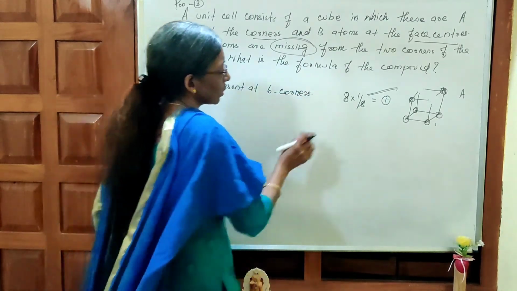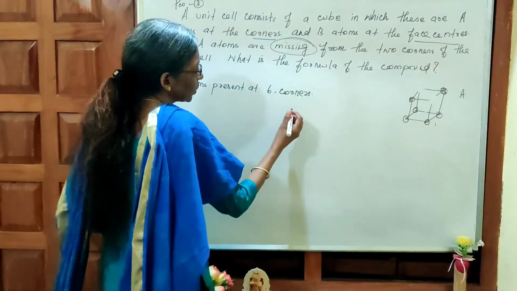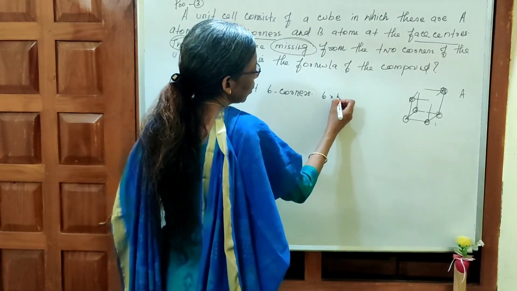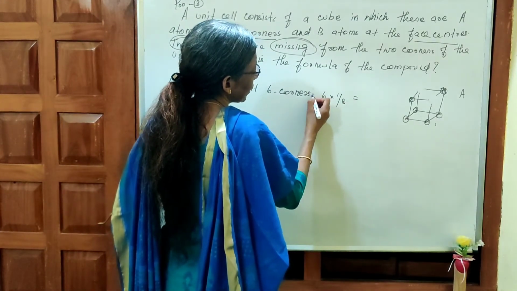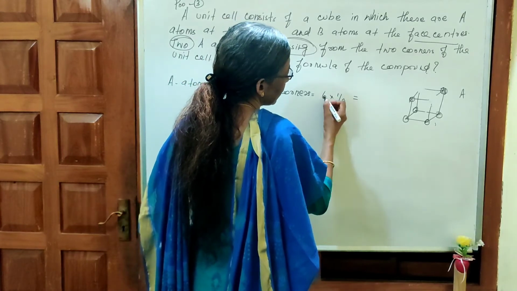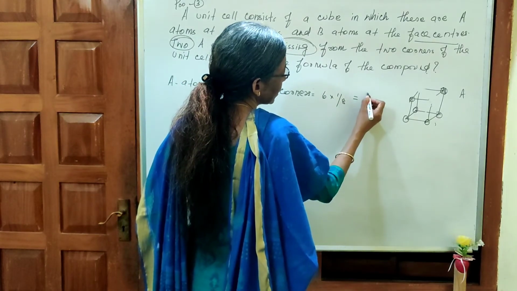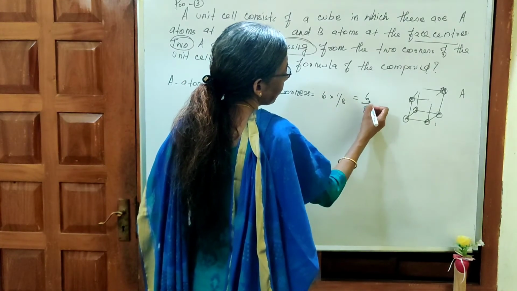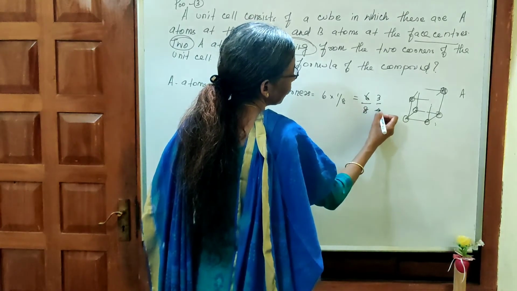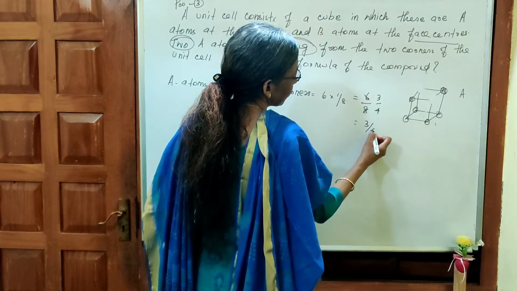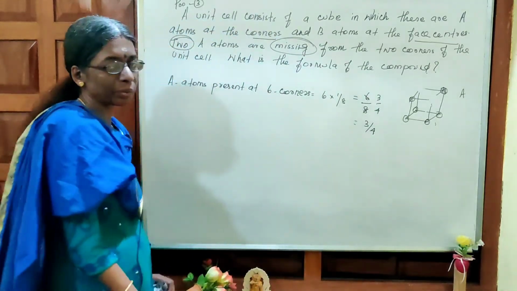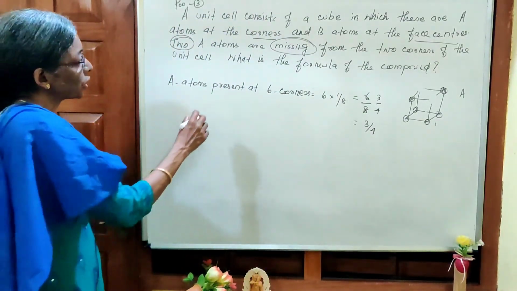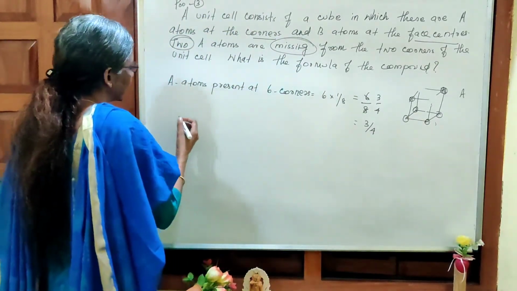So what do you get? 6 into 1 by 8 is equal to 6 by 8, which is 3 by 4. So how many A atoms are there? 3 by 4.